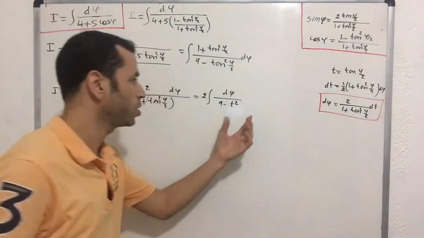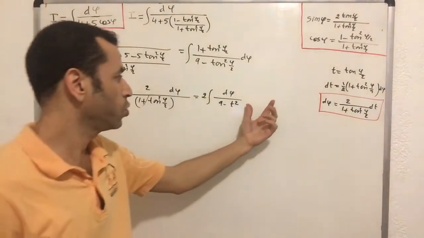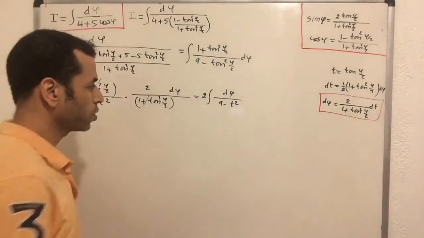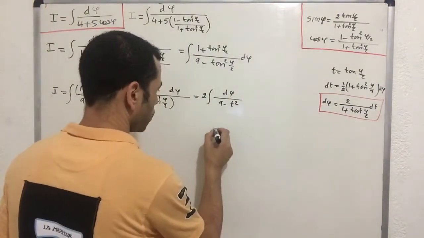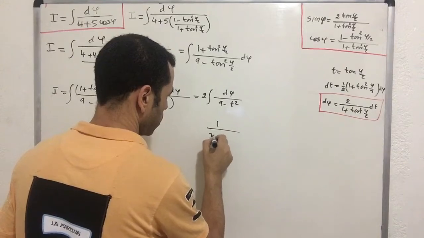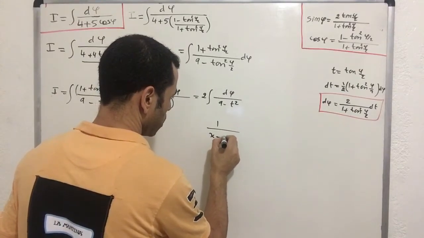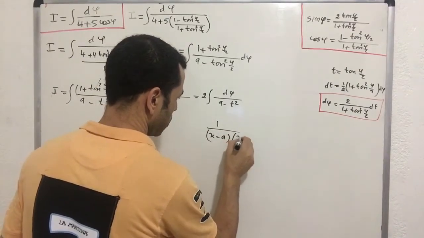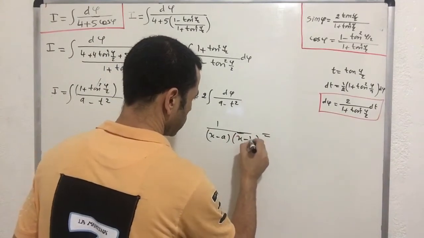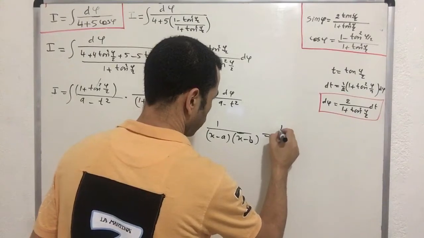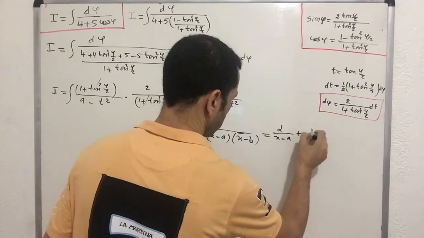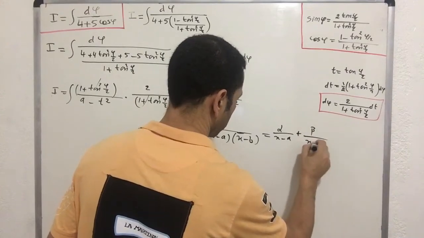In order to integrate, we are going to use the decomposition form. If you have, for example, 1 over x minus a multiplied by x minus b, it gives you, for example, alpha over x minus a plus beta over x minus b.